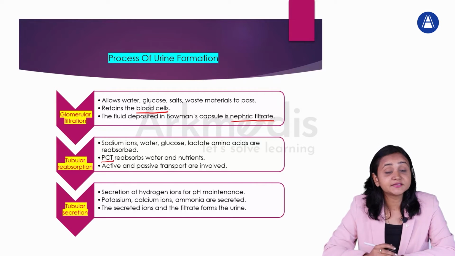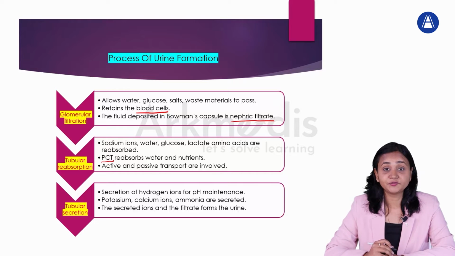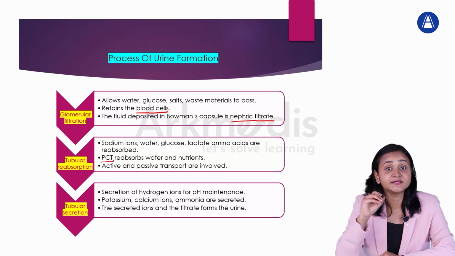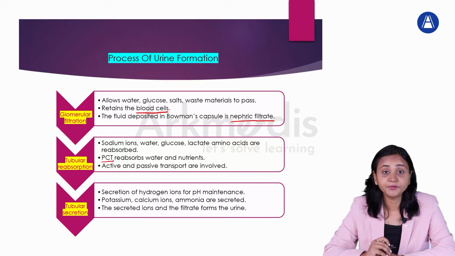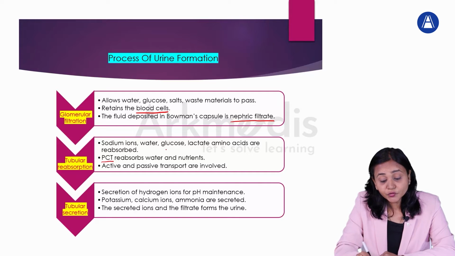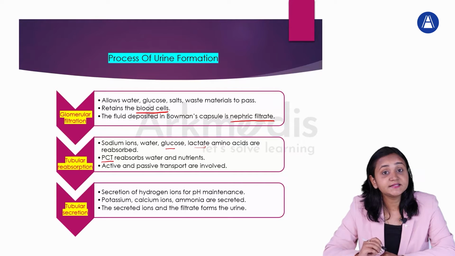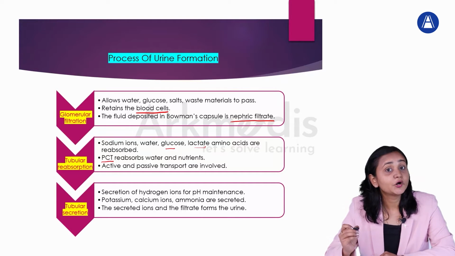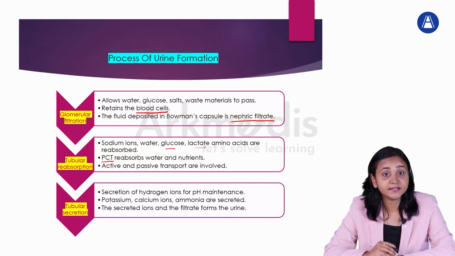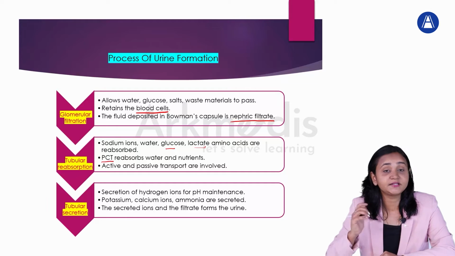Now, the next process is the tubular reabsorption. This process takes place inside the tubes, that is the proximal convoluted tubule. Now, the sodium ions, water, glucose and the lactate along with the amino acids, all these are important for the life of organisms. Hence, these should not be excreted out.